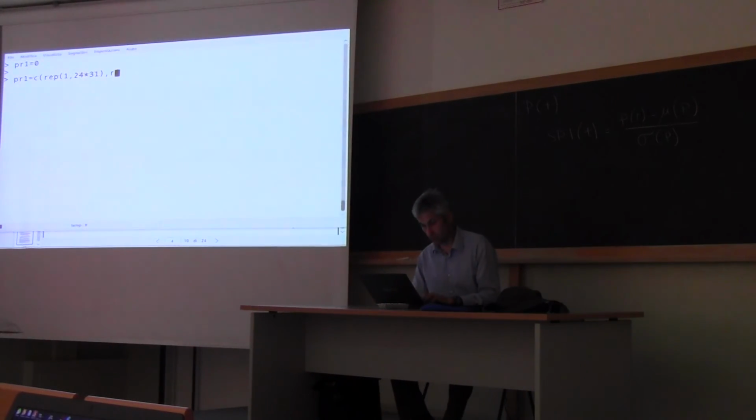So I move forward, repeat 2, 24 times 28. And then repeat 3, 24 times 31. I hope I don't get in trouble when I get to the end of the line. We will see. Repeat 4, 24 times 30.